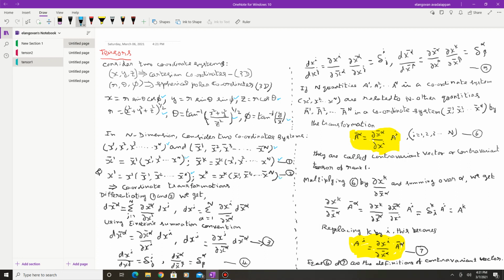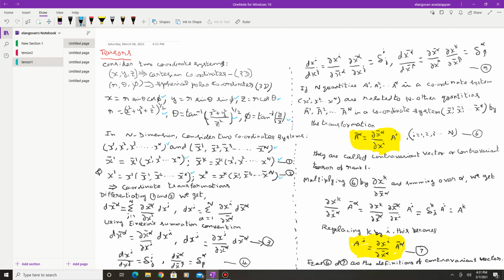So there are two equations, equation 1 and 2. In equation 1, one of the coordinates in the barred system is expressed as a function of the unbarred coordinate system, and equation 2 represents that one of the coordinates in the unbarred system is a function of the coordinates of the barred system.